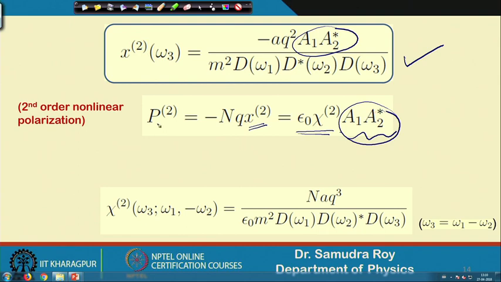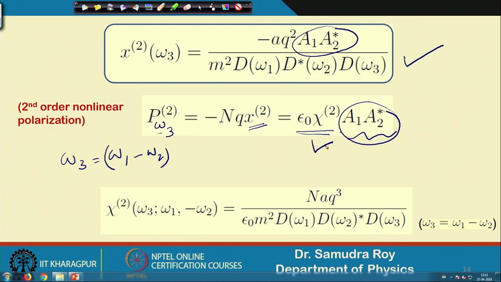Also one should write here that this P2 has a frequency component of omega 3, because P2 can vibrate at different frequencies, but from the very beginning we are considering a frequency omega 3 which is related to omega 1 and omega 2, like omega 1 minus omega 2. This is the difference frequency. So, for P2 with the frequency omega 3, we have some term, and from there we can extract my chi 2.